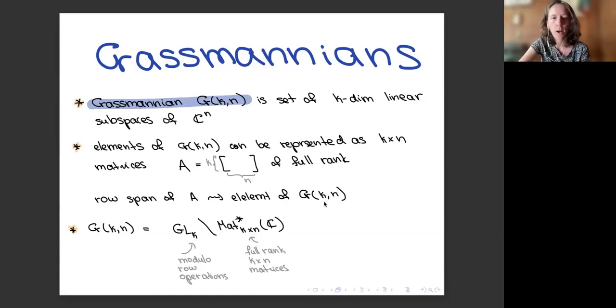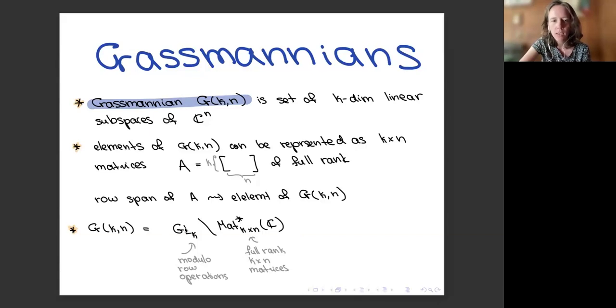Now, if you denoted elements of the Grassmannian this way, you would get a lot of duplicates, because different matrices, with different entries, may have the same row span. So really the way to think about it is matrices up to an equivalence: k by n matrices with entries in C, of full rank, which is what my star means, modulo the action of GL_k, the invertible k by k matrices acting on the left.